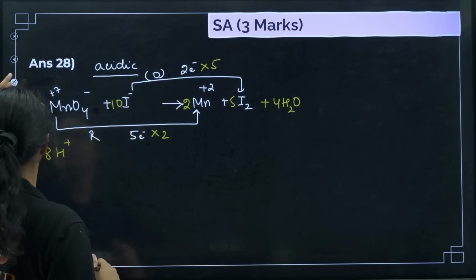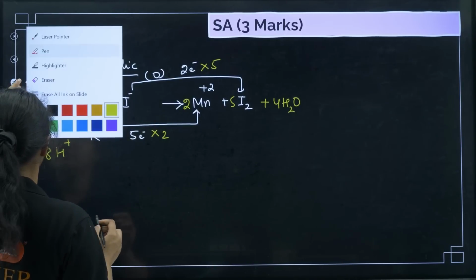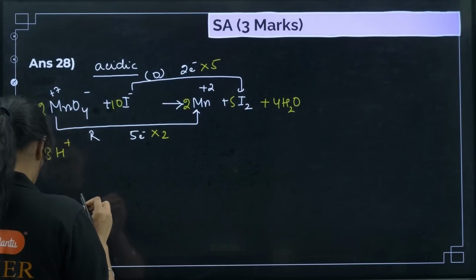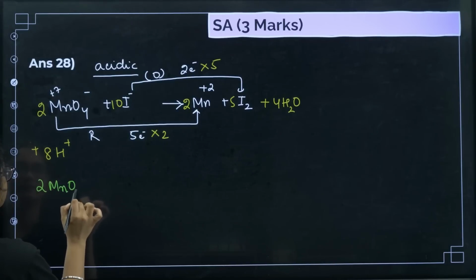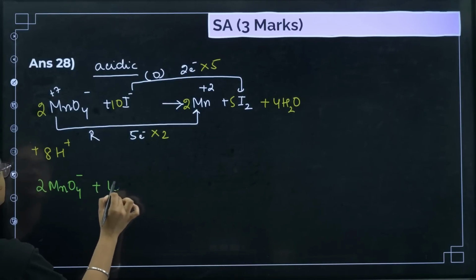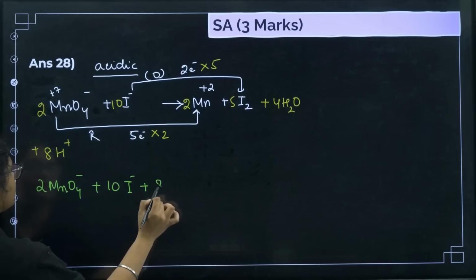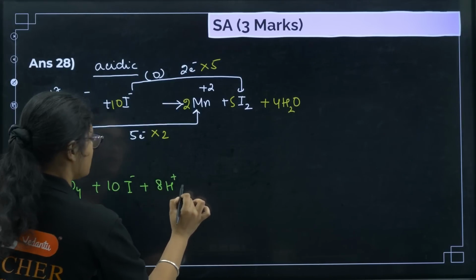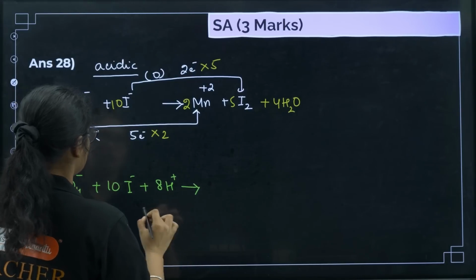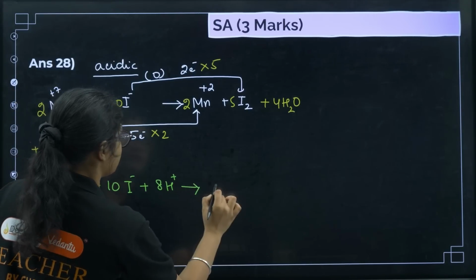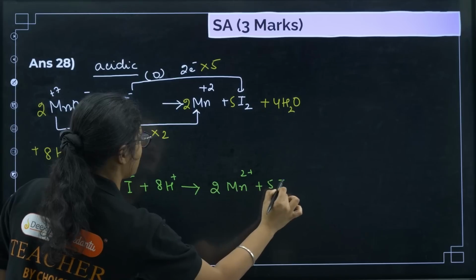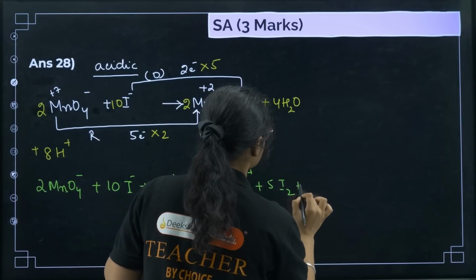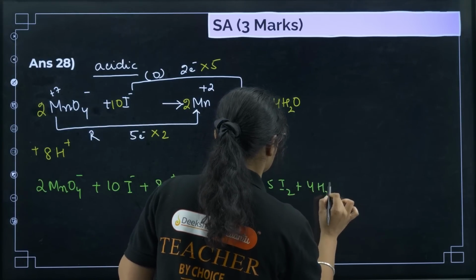So now finally, what reaction am I getting? If I write the final reaction, I will get 2MnO4 minus plus 10I minus plus 8H plus gives me 2Mn2+ plus 5I2 plus 4 water.